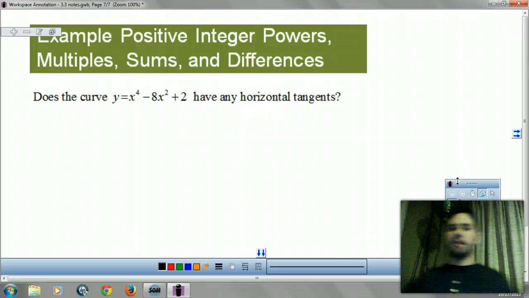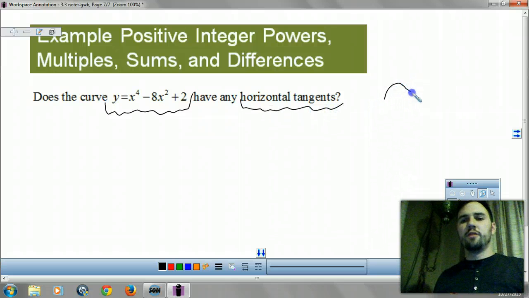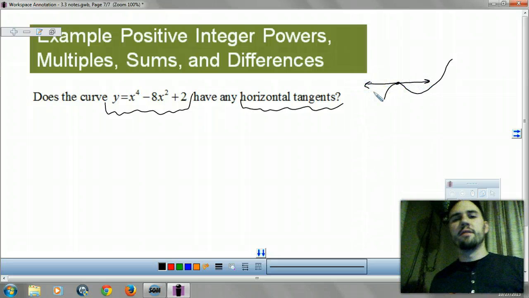Okay, one more thing I want to talk about before we move on. It's, does this curve have horizontal tangents? Okay, what does it mean to have a horizontal tangent? It means if I were to draw the graph, there's a point where the tangent line is a horizontal line. Okay, what is your slope of a horizontal line?